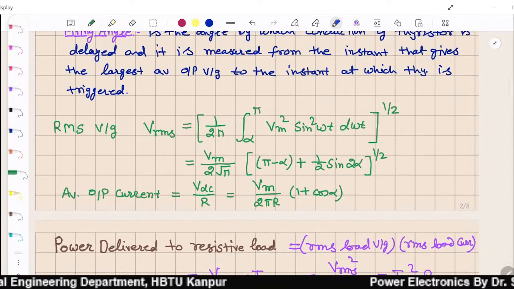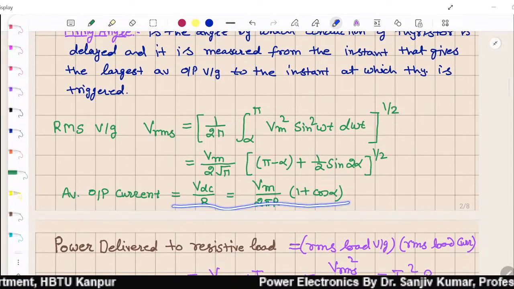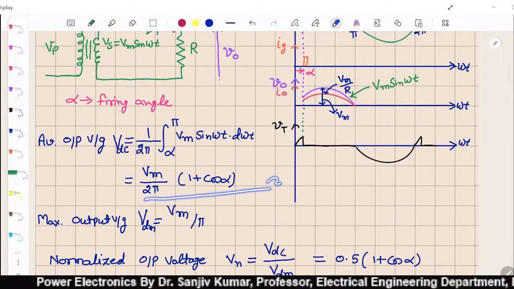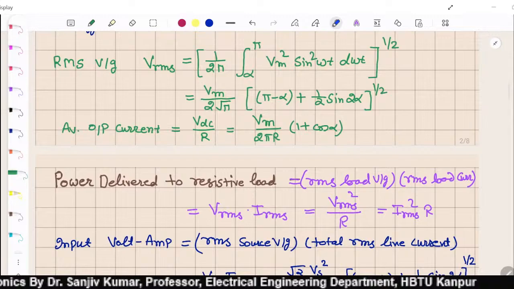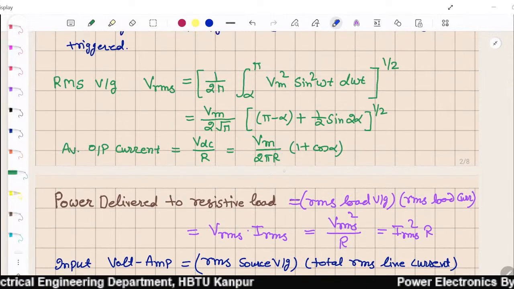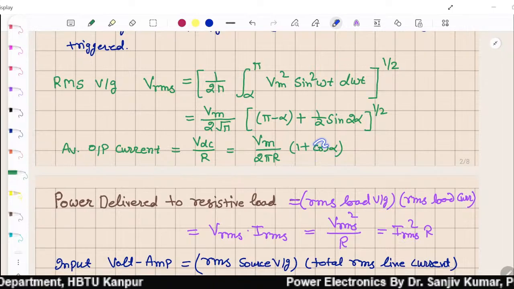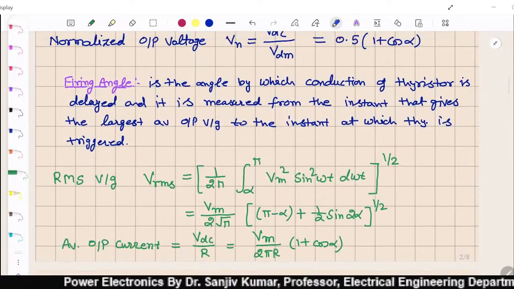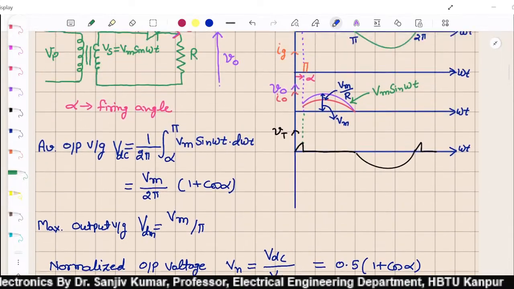Right? Now एवरेज आउटपुट करंट की बात करें हम तो VDC by R. जो भी कुछ हमारा VDC आया है, Vm upon 2 pi (1 plus cos of alpha). So it comes out to be Vm upon 2 pi R (1 plus cos of alpha). Right?